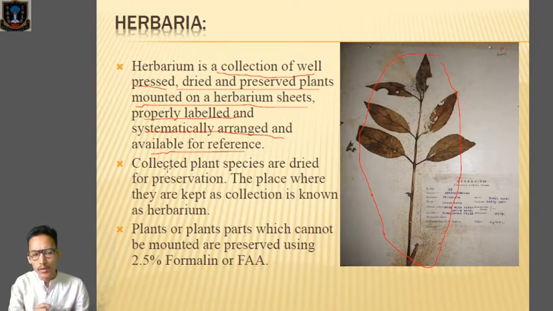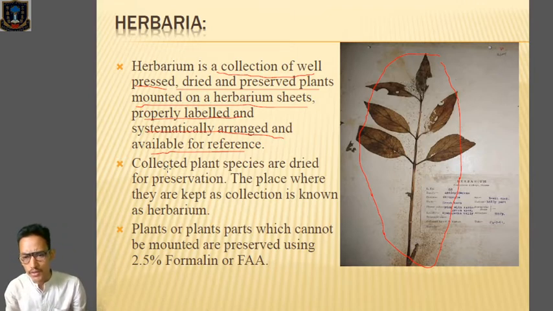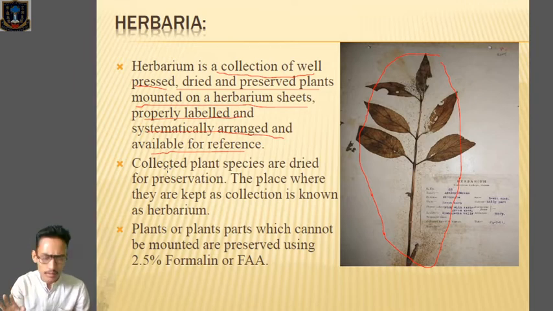Number two, locality and altitude. Altitude of the place also you have to put down. Number three, season. Then the last one, the color of the flowers and other related information. Clear? While doing the collection of the plant.